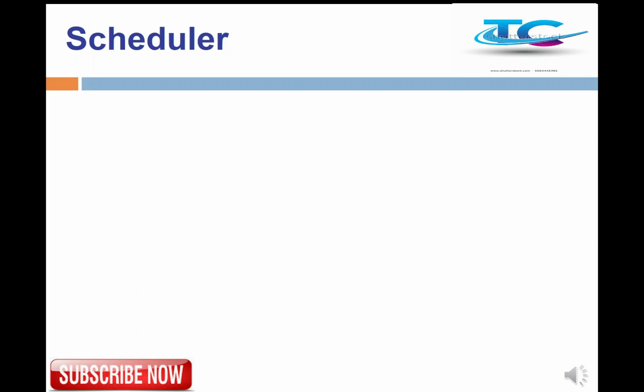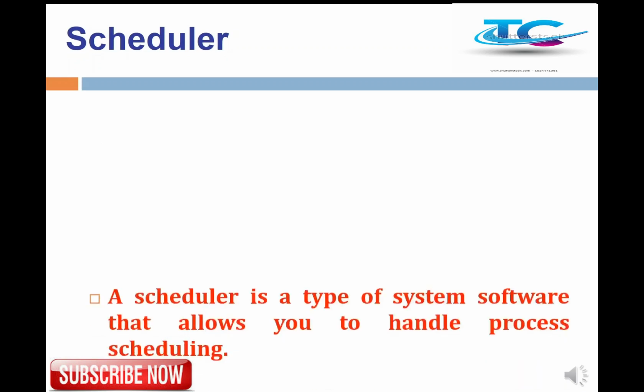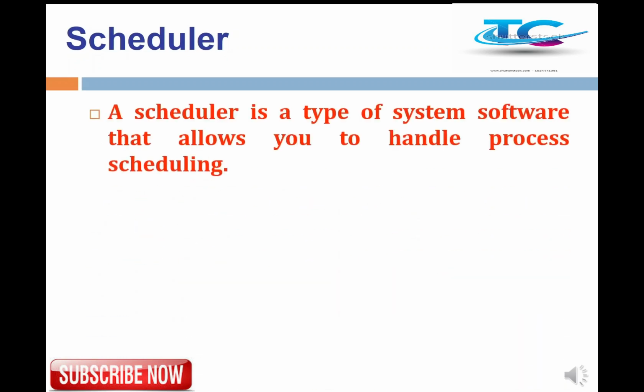Now come to the next, that is scheduler. What is a scheduler? It is a type of system software that allows you to handle process scheduling, which simply means the scheduler decides which particular process will execute first.